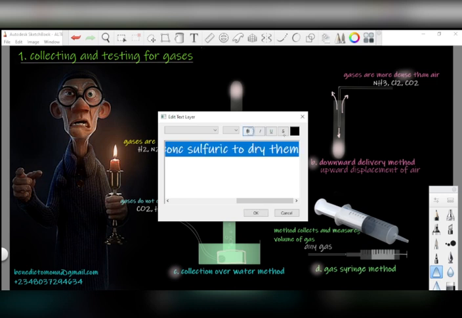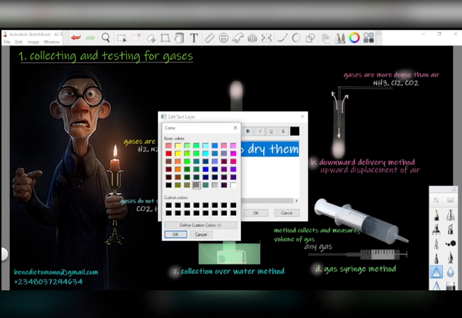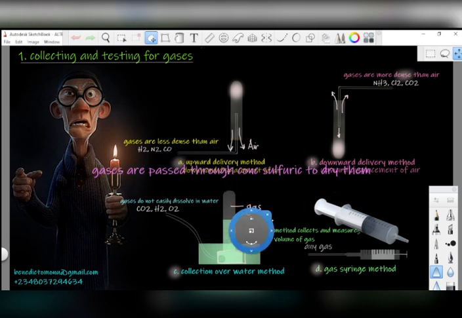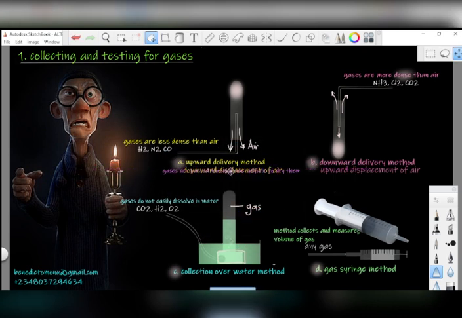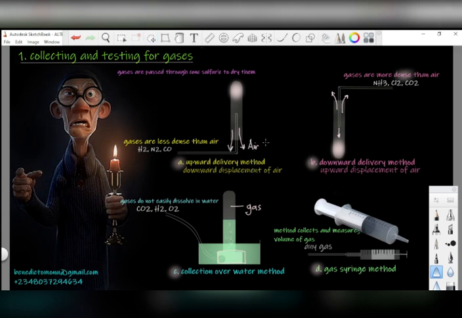At one point in the course of your exam, you're going to meet situations where gases are passed through sulfuric acid, and you may ask, why do we have to pass the gas through sulfuric acid? They pass through sulfuric acid to dry the gas. So this is one point we have to note by the side. Examples of gases that are collected like this are carbon dioxide, hydrogen, and oxygen.